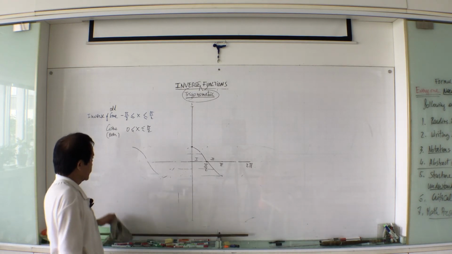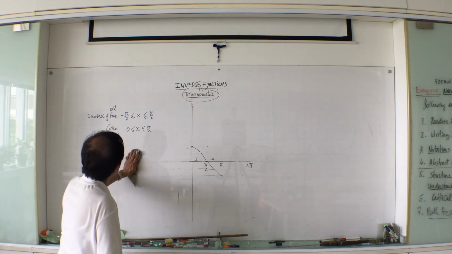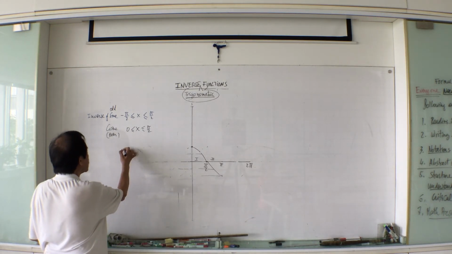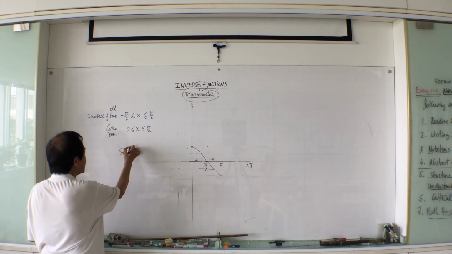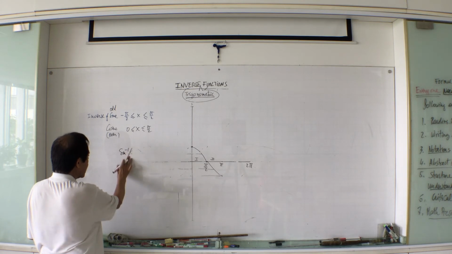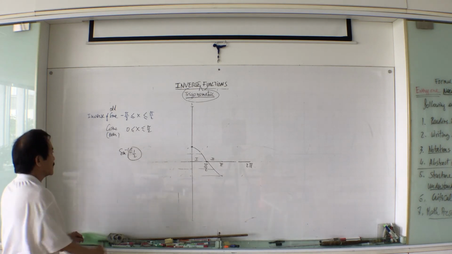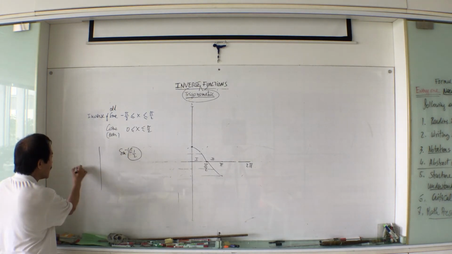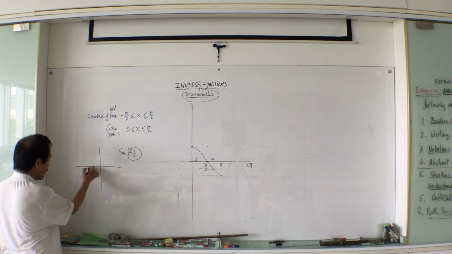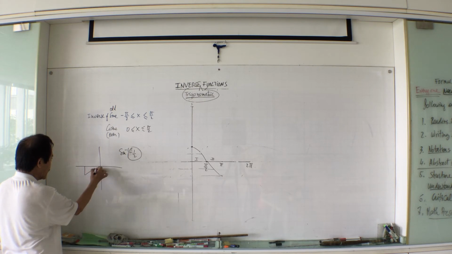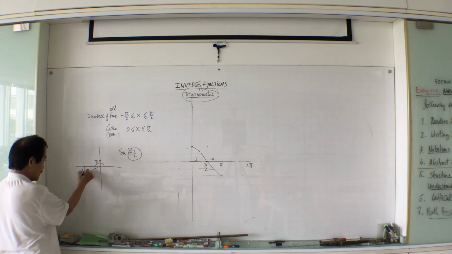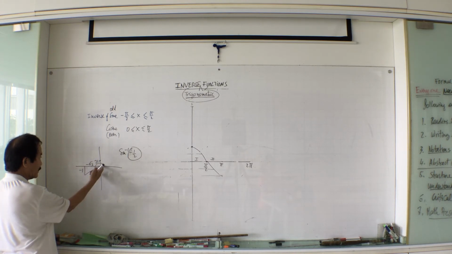What's the big deal? For example, I give you sine inverse of negative 1/2. Okay, so what is the answer? Take a look at this. You have sine of theta equals negative 1/2, meaning this one has to be 210 degrees, right? So this one negative 1, and 2 here, negative root 3.